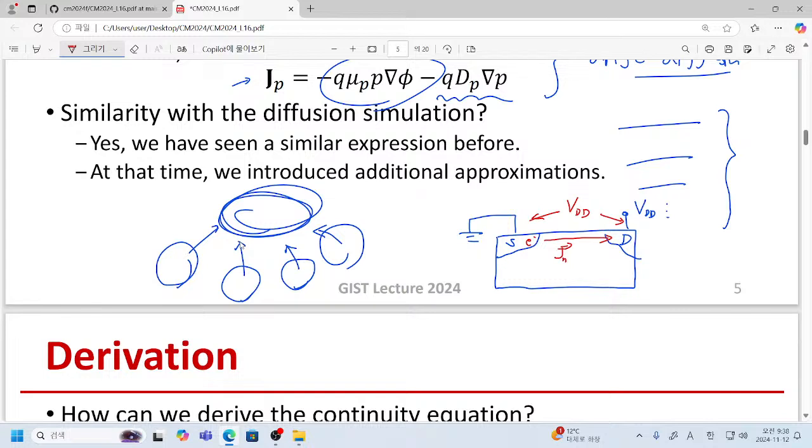So think about this one. You have current, and between these 2 points you have voltage difference. So simply speaking, it's like this. Here you have 2 points, one and another point, and here you have current I and voltage difference V. Then what will happen?